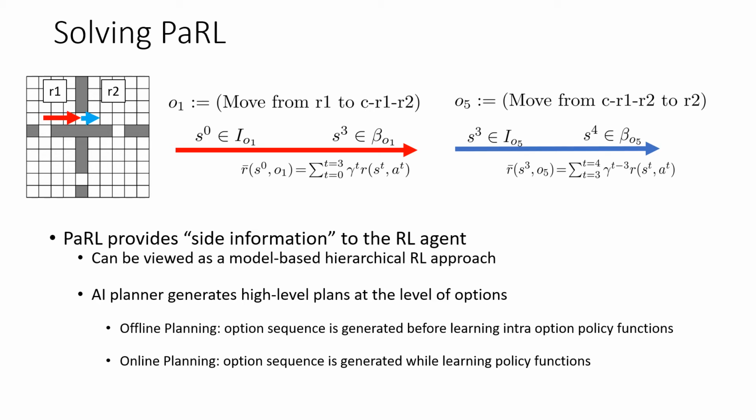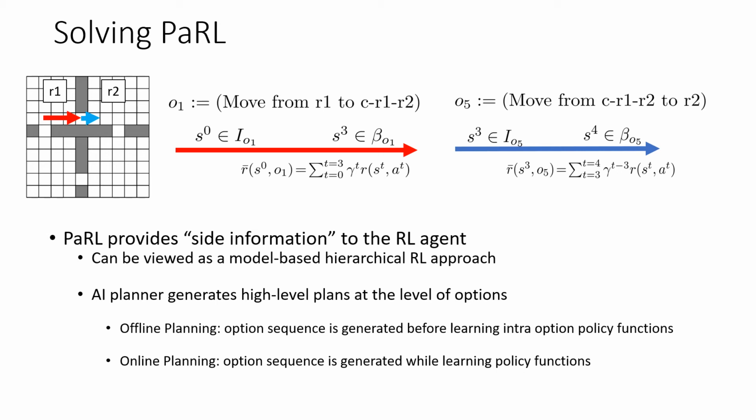Of course, the actual environment is not a deterministic planning problem, and this option sequence only guides what options to choose at each stage for the agent. As we can see, the PARL provides side information to the RL agent so that we can use an AI planning model for model-based HRL.